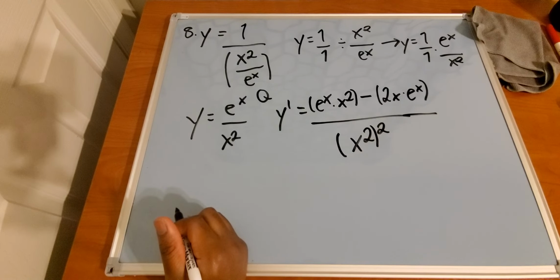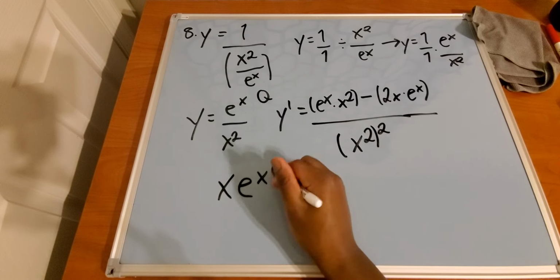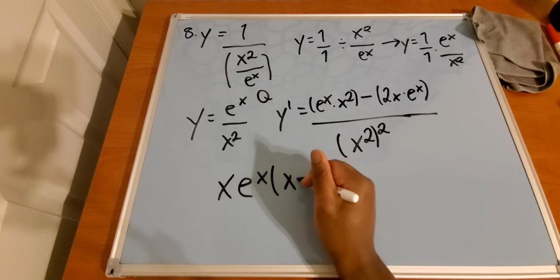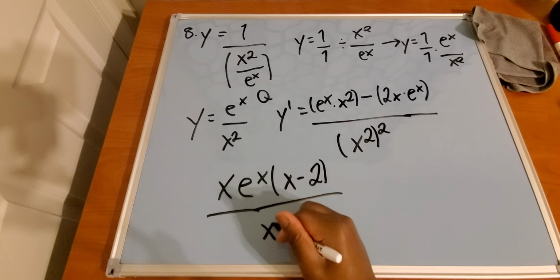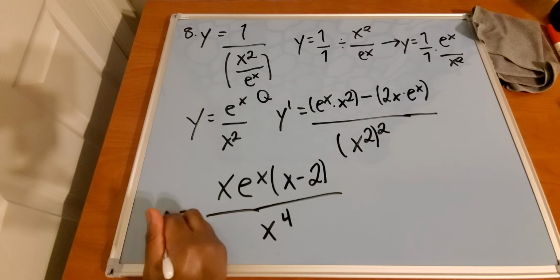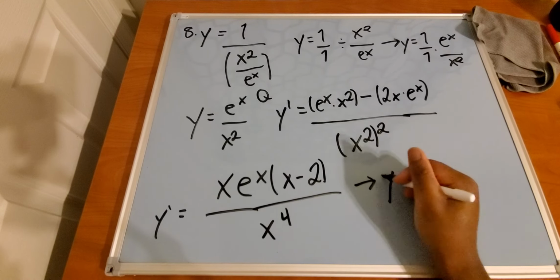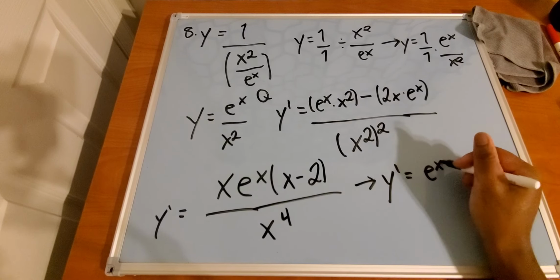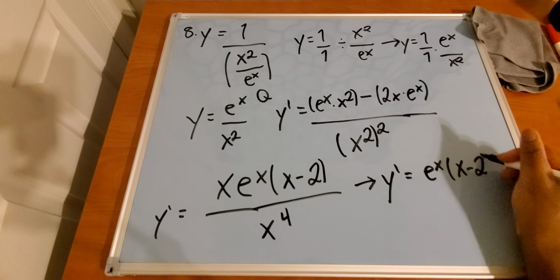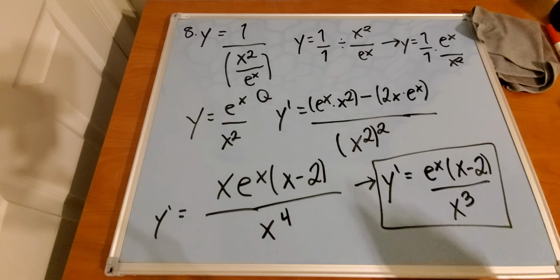Let's go ahead and pull out x e to the x, and that will leave us with x minus 2 all over x to the fourth, which will be equal to y prime. And we can just get rid of that x in the numerator. So our final answer will be y prime is equal to e to the x times x minus 2 all over x to the third. And that is our answer for problem number 8.